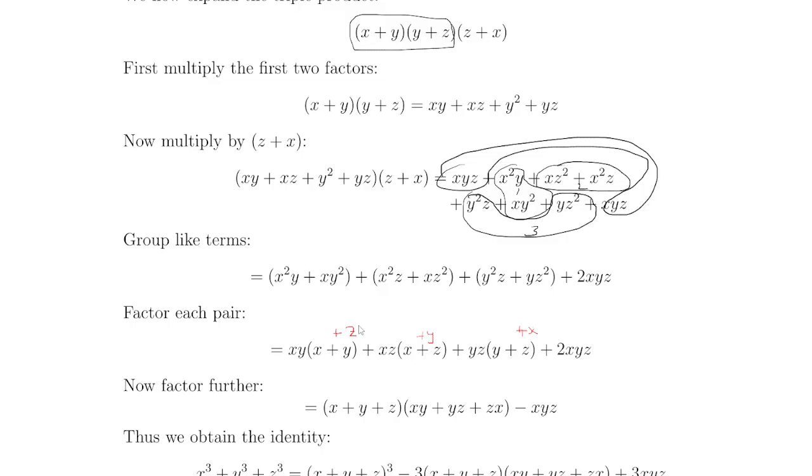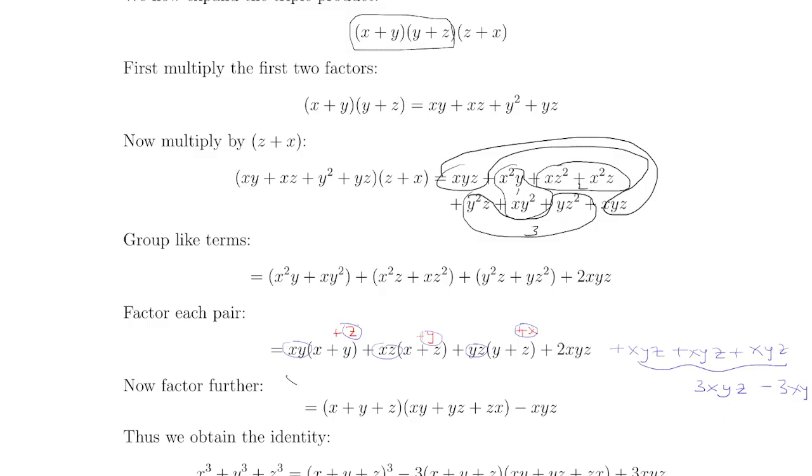But when you do that, each one of these is going to have an extra xyz. So if I multiply xy with z, I have another xyz. If I multiply xz with y, I have another xyz. And finally, yz and x, multiply that out, I get another xyz. So that's going to be 3 copies of xyz, which means I have to subtract 3 copies of xyz. And so now, each one of these has x plus y plus z as one of the factors.